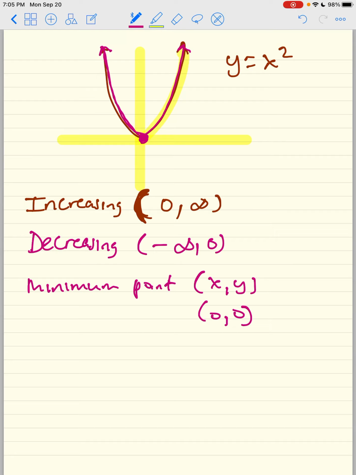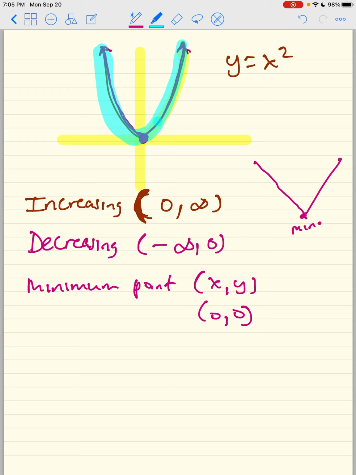So the trick is, when you switch from decreasing to increasing, think about it. When you go from down, decreasing, to increasing, don't I hit a minimum? Of course I do. Okay, this is concaved up. Concaved up means that you're looking for a U. That's concaved up.